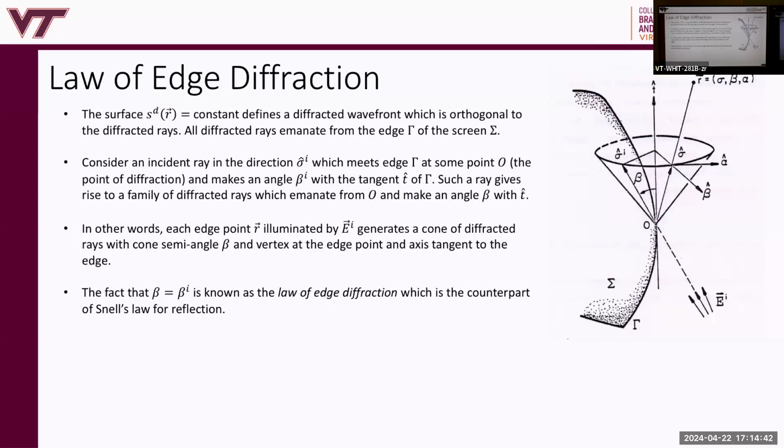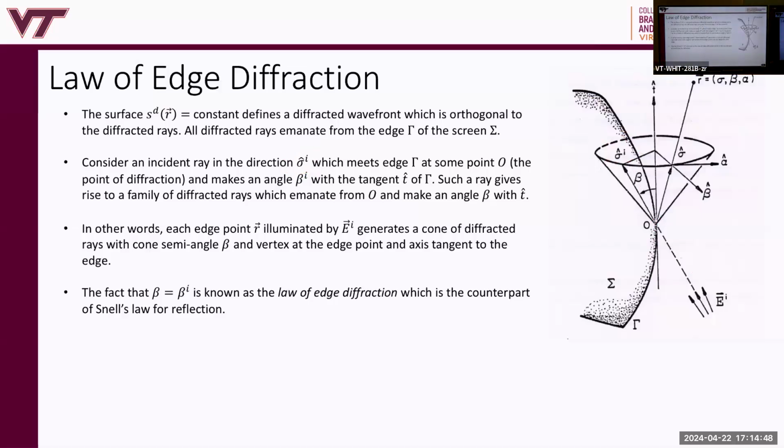Consider an incident ray in the direction sigma hat incident, right? Here's sigma hat incident. Which meets the edge gamma at some point O, which is the point of diffraction, and makes an angle beta incident. So here's beta incident with the tangent T to the edge at the point O. It makes an angle beta with that tangent, right?